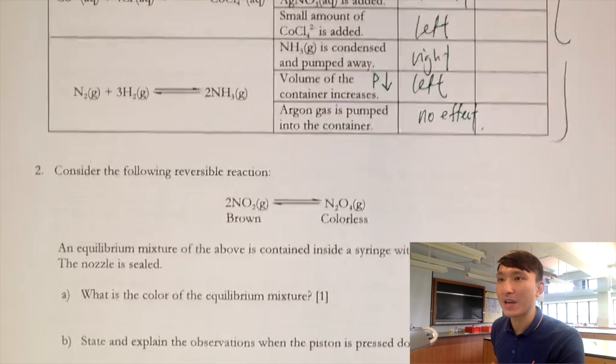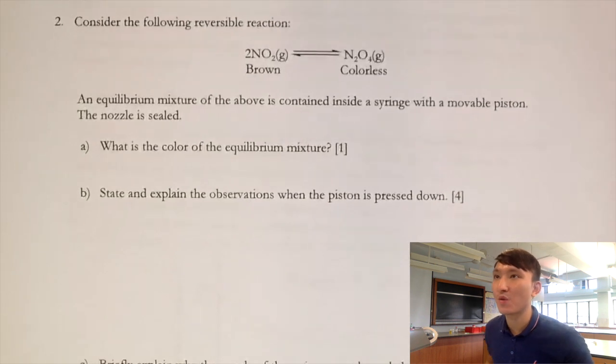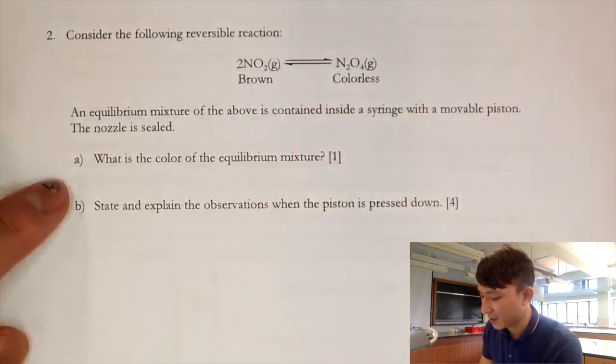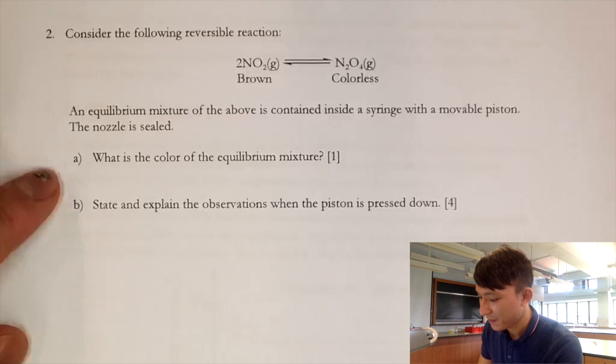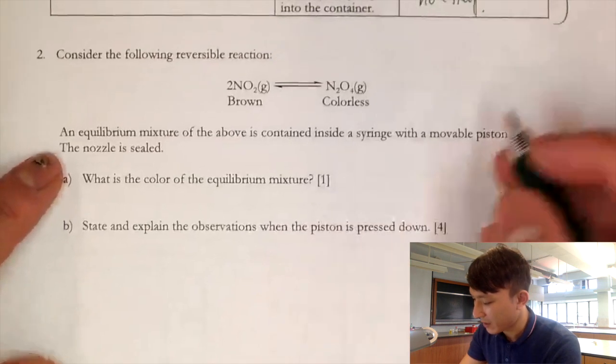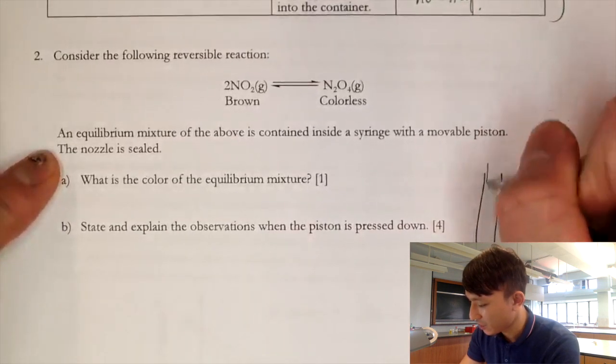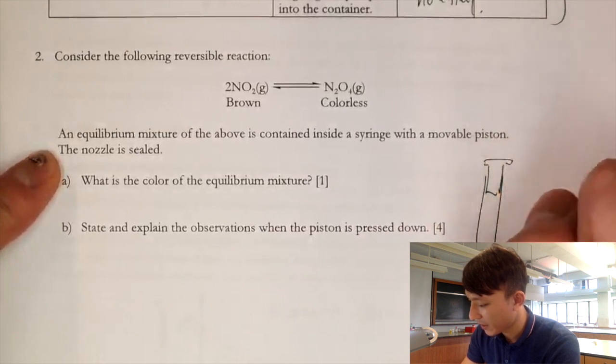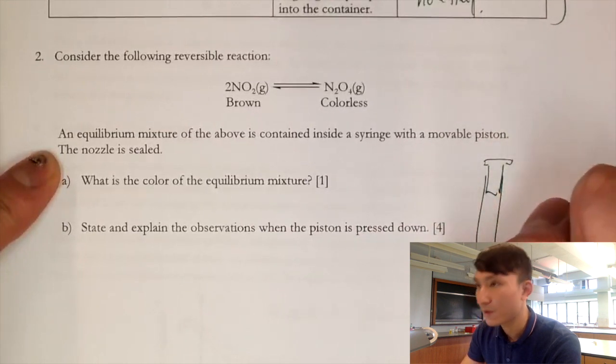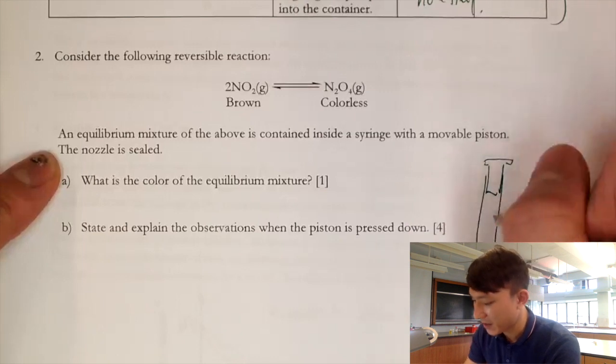Okay, so down here we have a very classic question, where we have this particular system, and they are put into a syringe with the mouth sealed off, like this, and we have the gas inside.